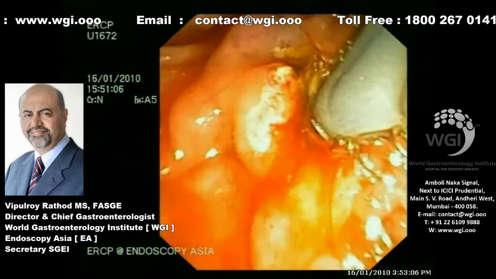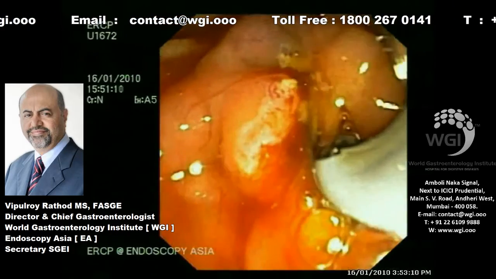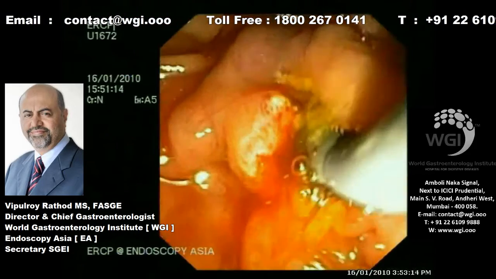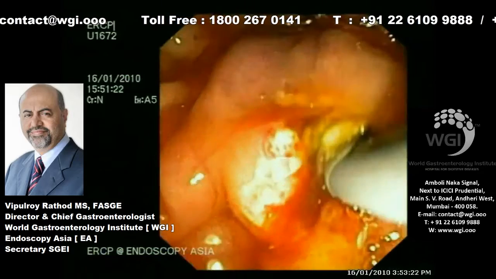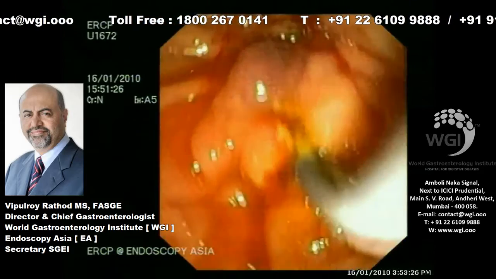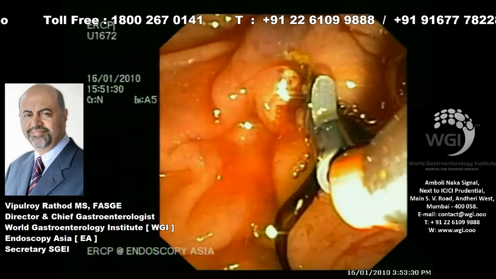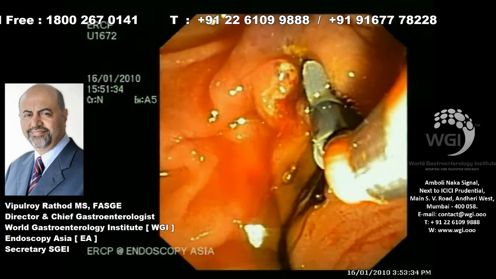So we placed a catheter, and over the catheter a 10 French Teflon stent. Now I prefer Teflon stents purely because of the stiffness of the stent. And I think polyurethane stents are not very good in certain situations when the strictures are too tight.